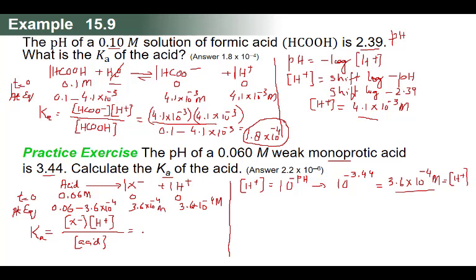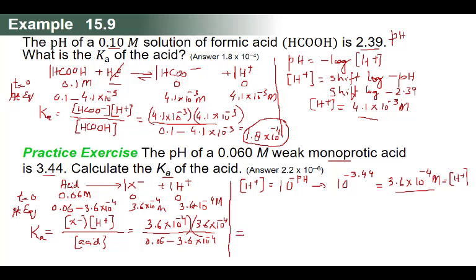So this will be 3.6 into 10 raised to the power minus 4 multiplied by 3.6 into 10 raised to the power minus 4, divided by 0.06 minus 3.6 into 10 raised to the power minus 4.